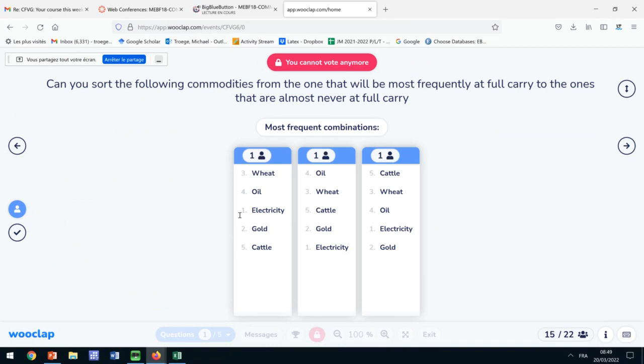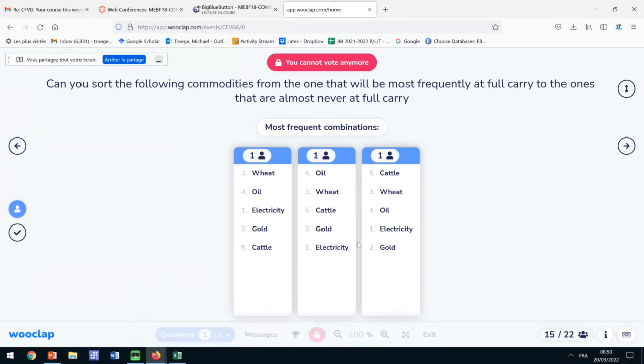Gold is a precious metal, and for precious metals and financial futures, this carry relationship almost always holds. Gold is almost a financial product, an investment product, and that's why gold is clearly the one that is always at full carry.